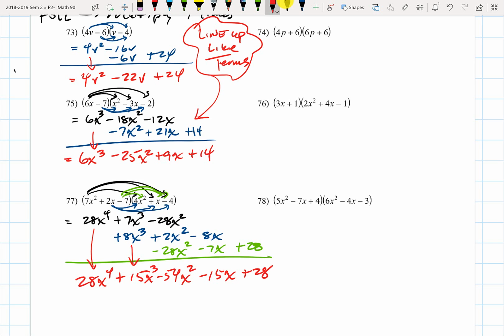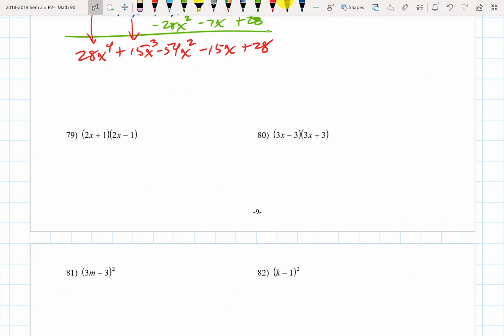There we go. Okay, and like I said, you guys can challenge yourself on the next ones and check your work, but it's done the same way. It's really important that you line up the like terms, all right, and go slow and pay attention to things.